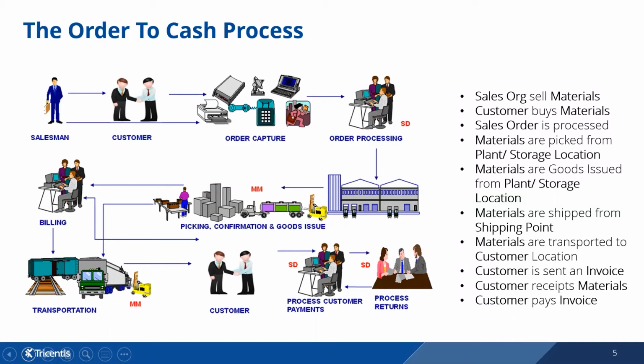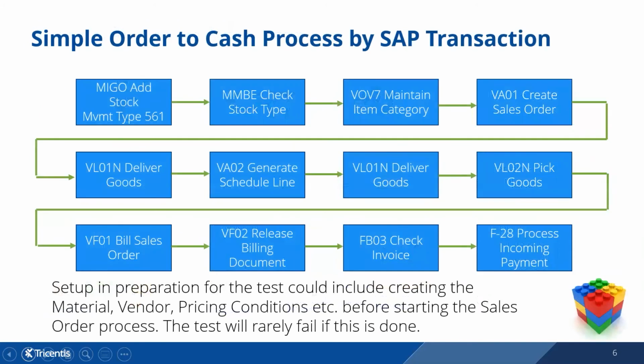So you don't just have the plant, you have the storage location, which is the physical bin where the materials are stored. And then the shipping point is the actual door that the goods are shipped and put onto a lorry. It's that type of level of knowledge, and it gives you a good understanding of the overall process. And this is what it looks like in the real world.